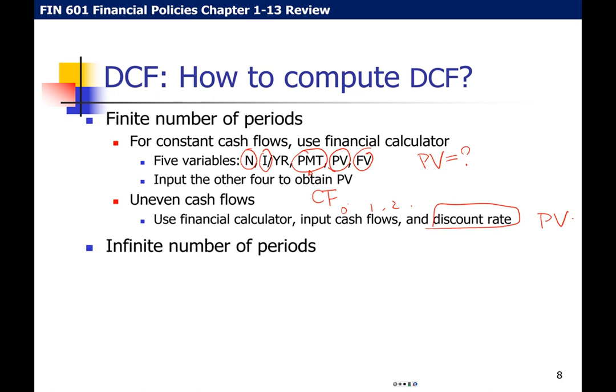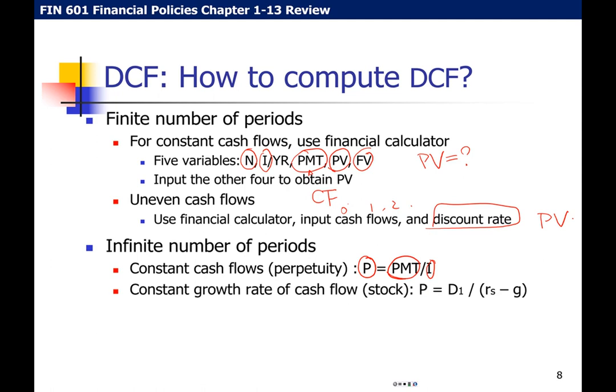Next, we have an infinite number of periods. Okay, if it's constant, it's considered a perpetuity, and it's very easy to calculate the present value of this perpetuity. P is equal to the constant payment divided by the discount rate. Simple, right? And for a constant growth rate of cash flows, such as stocks, we're considering the dividends are growing at a constant rate. Okay, so to find the value of the stock, we set it equal to the next period dividend.